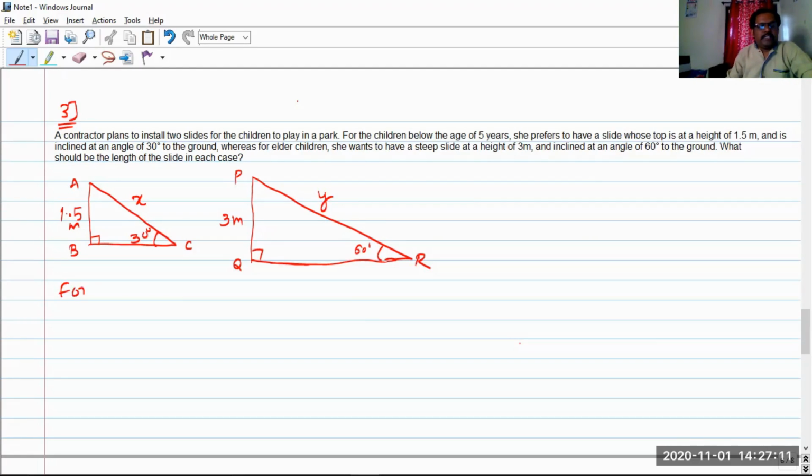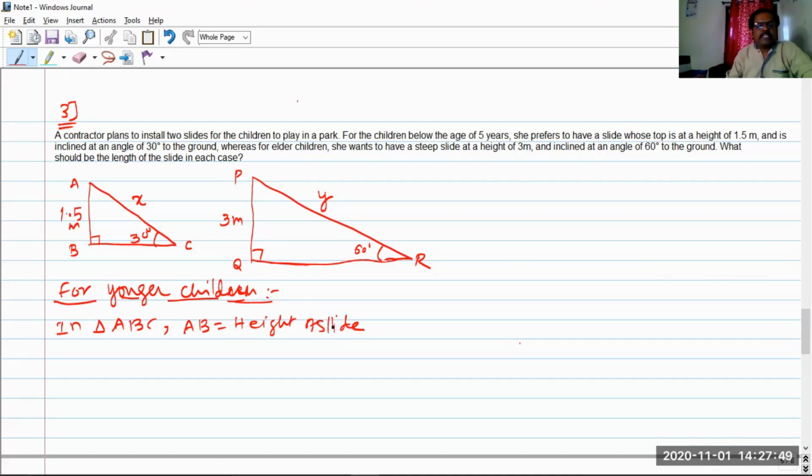So for the slide for the younger children, that is for the smaller slide, we consider in the triangle ABC, AB is the height of the slide, right?